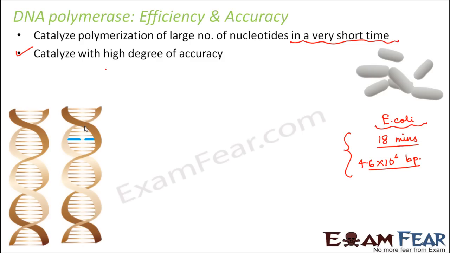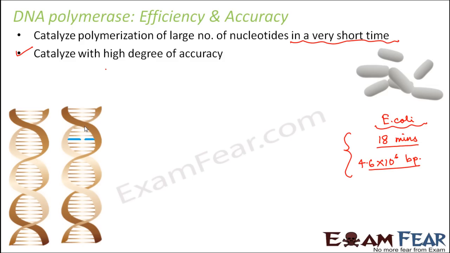But mistakes can happen, it is not error free. Mistakes can happen even with DNA polymerase, but at least it has a high degree of accuracy. A mistake is made in every billion base pairs copied. So that is very small, right? Just one mistake in 1 billion base pairs being copied.